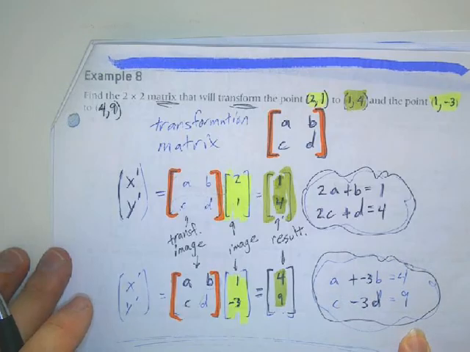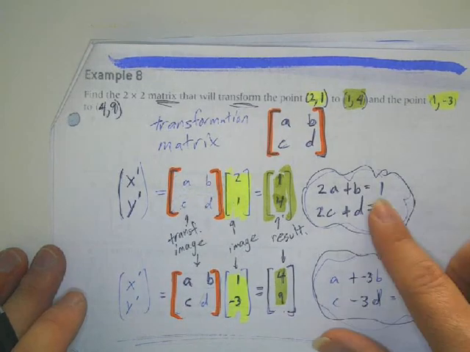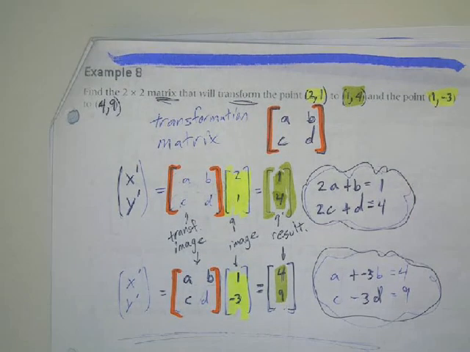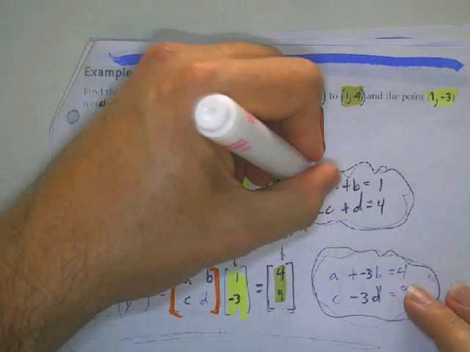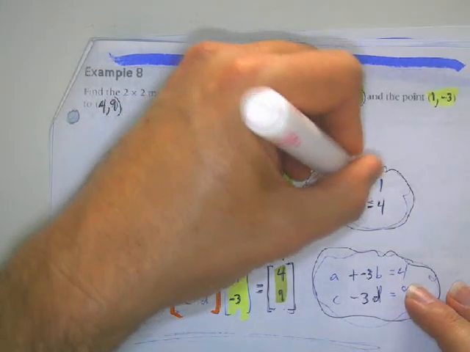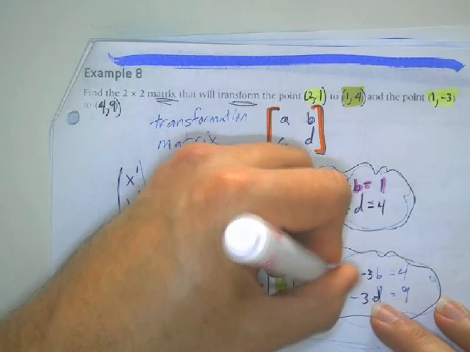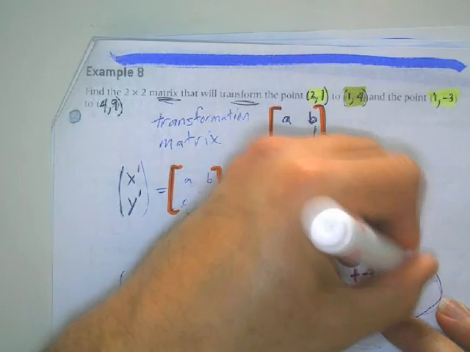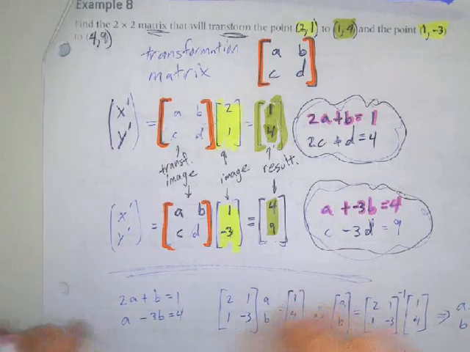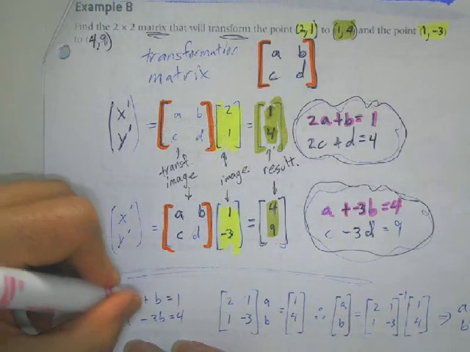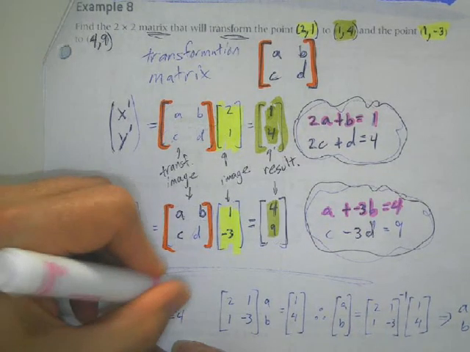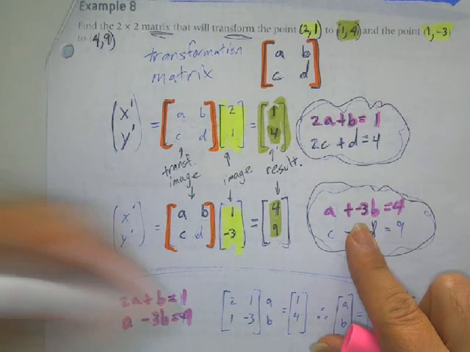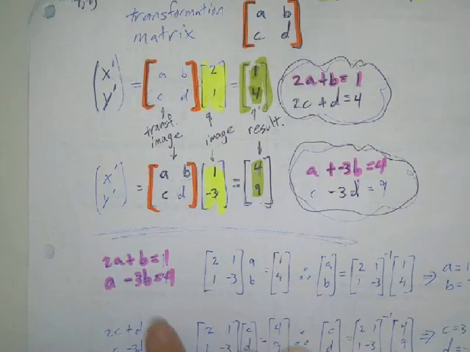and I'm just going to look at just the A's and B's row here. So let's take this row here, 2A plus B equals 1, and this row here, A plus negative 3B equals 4. So I've got 2A plus B equals 1, and A minus 3B equals 4, and I could put those into a matrix.